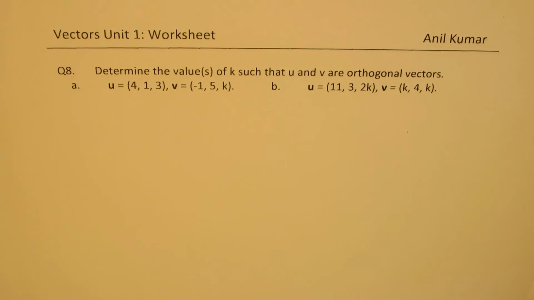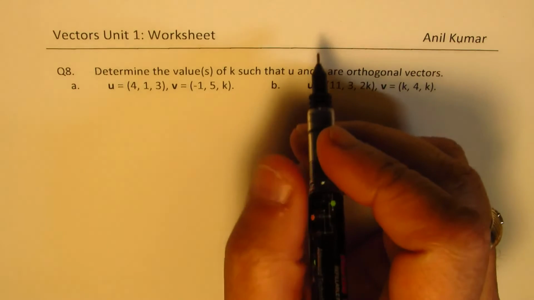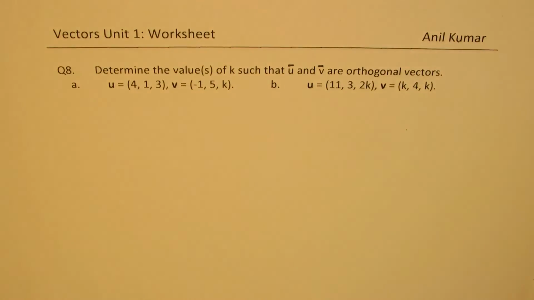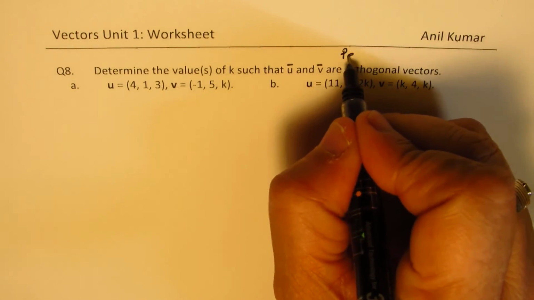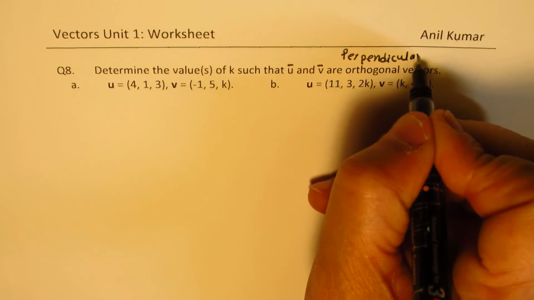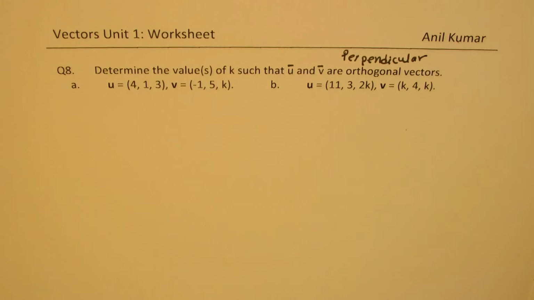Determine the value of k such that u and v are orthogonal. So we are given two vectors u and v, right? Orthogonal means perpendicular. Vectors are perpendicular if the dot product is 0, right?